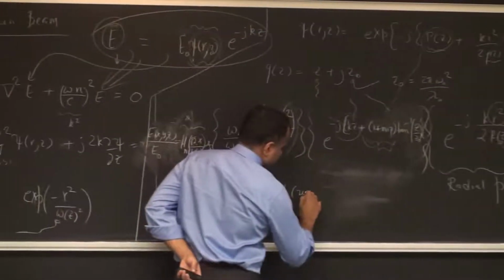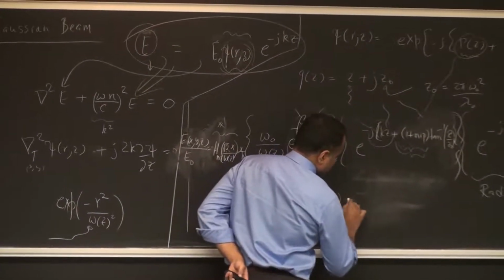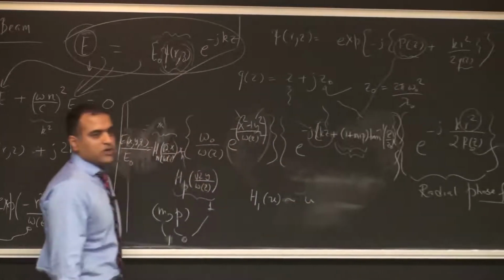And then e to the minus u squared and e to the u squared cancel, and you just get something which is proportional to u, which is a linear function. So H1 of u is proportional to u. There may be a 2 or something, I'm not bothering about that right now.